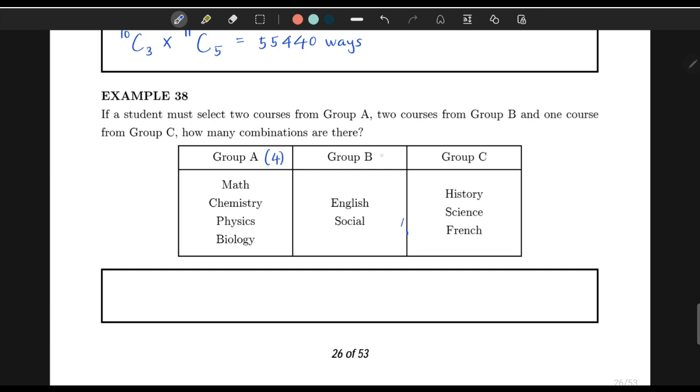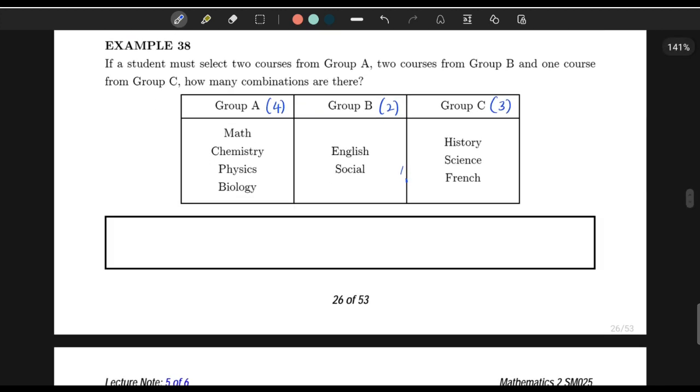Group B, we have 2. And group C, we have 3. Now, from group A, we must select 2 courses. So, R equal to 2 from group A, and 2 courses from group B, and 1 course from group C.